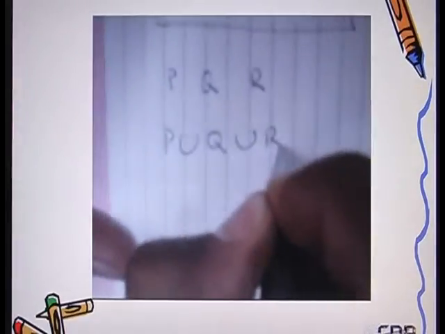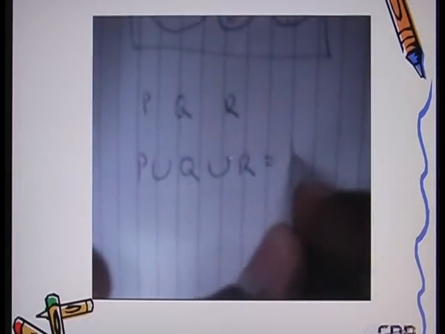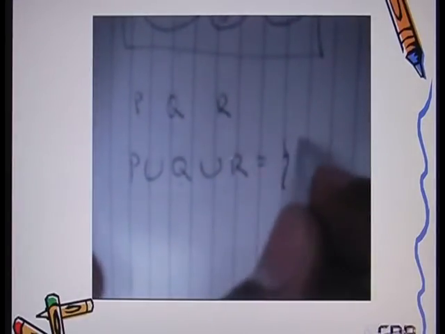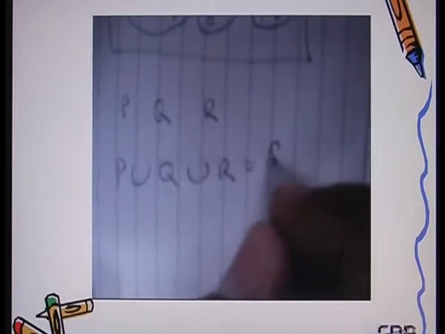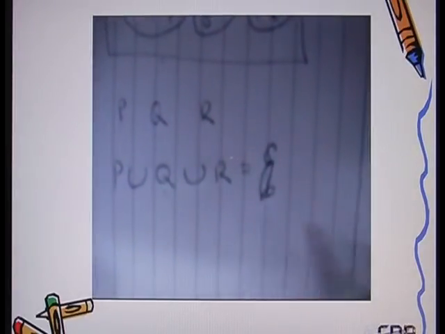Now it says P union Q union R. So they put the members of P and Q and R together to get the universal set. Alright, so it should be the funny E. Very good.